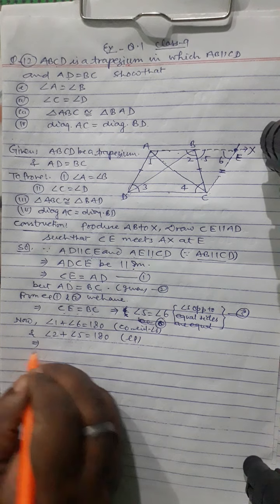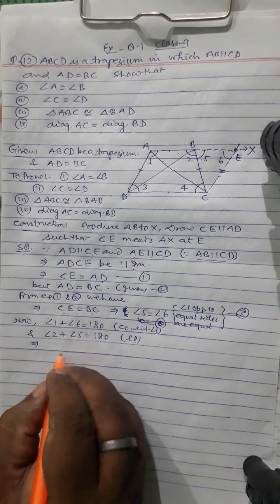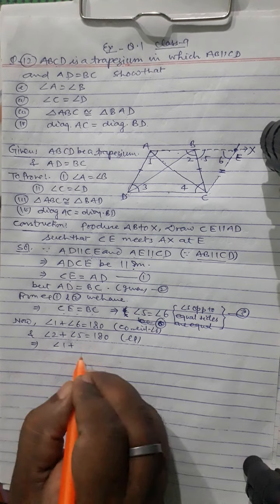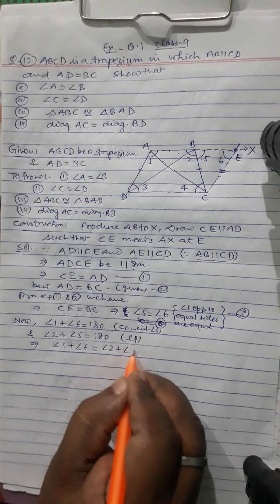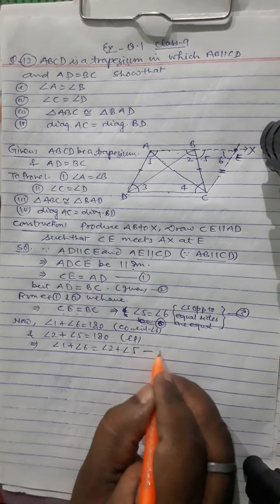This implies that angle 1 plus angle 6 is equal to angle 2 plus angle 5. Now this is equation 4.